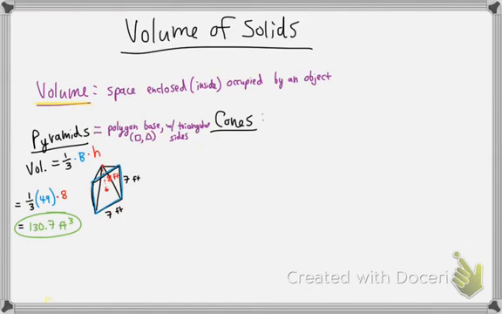And we've all seen pictures of the Egyptian pyramids. Each one of these sides right here in purple is actually a triangle shape, okay? So a pyramid has a base, doesn't matter what the shape is, but it has triangular sides. If you see the triangular sides, that's when you have to use the formula here with the 1/3.